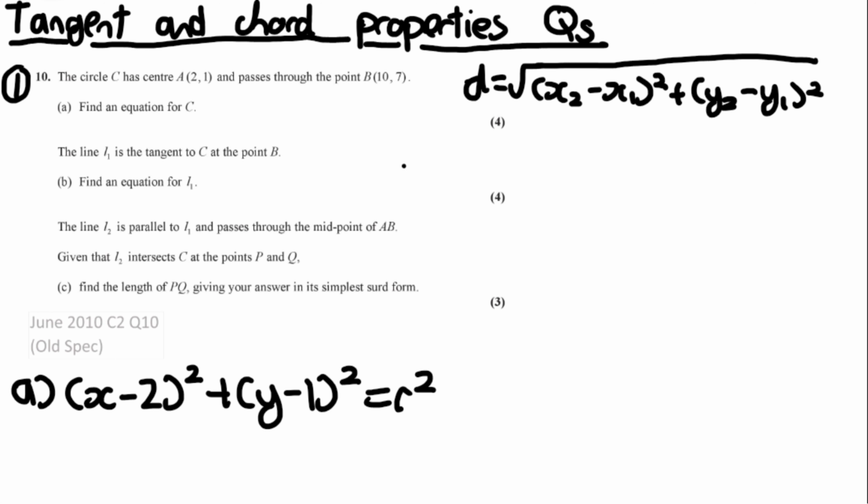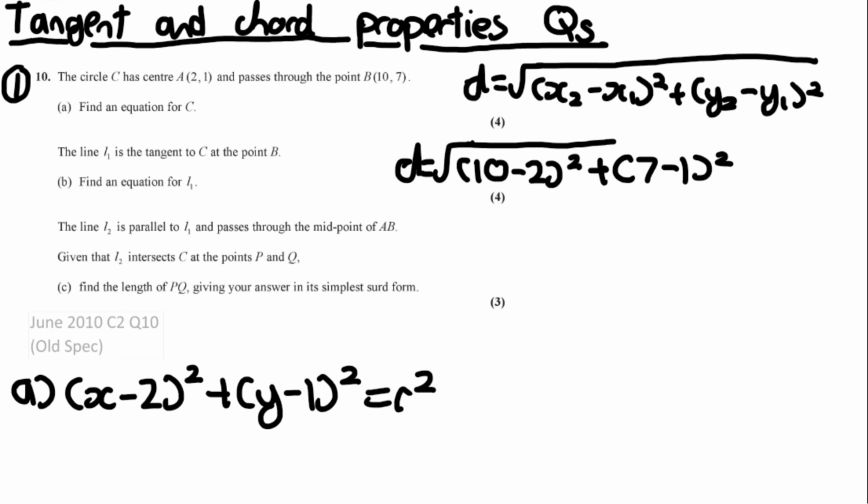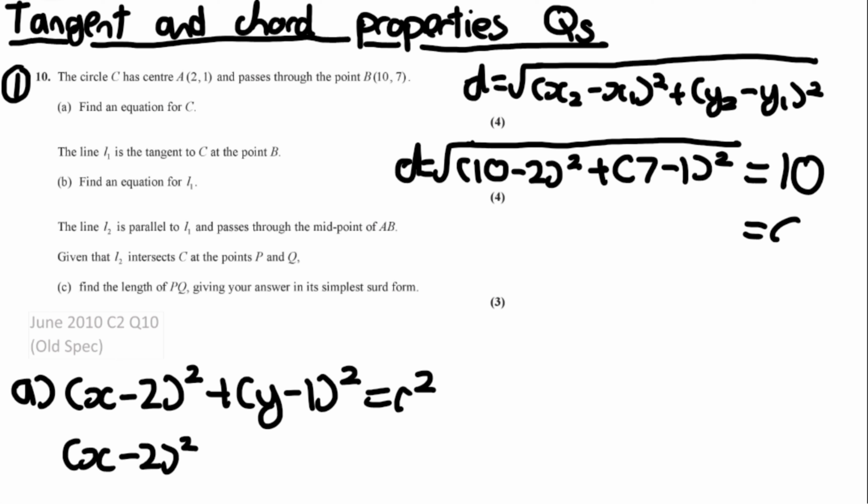So the radius is going to be the square root of (10 - 2)² + (7 - 1)², and if you put that into a calculator it will give you out 10, which is the radius. So therefore we can write the equation of the circle as (x - 2)² + (y - 1)² = the radius squared, which we figured out as 10, so it's going to be equal to 100.